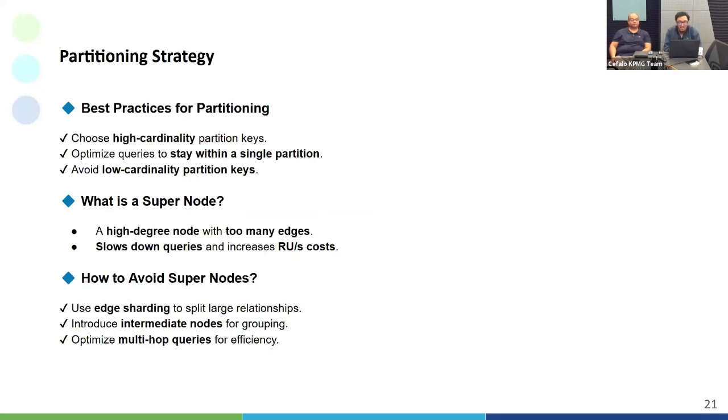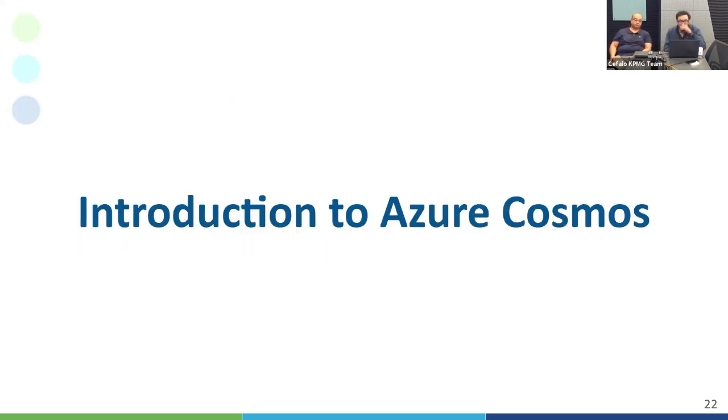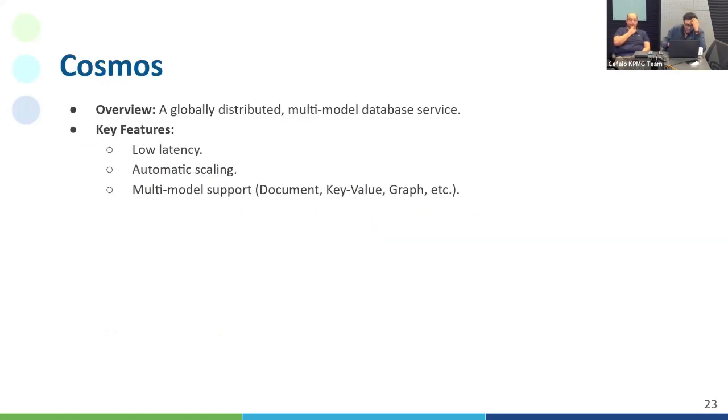Okay, so now I'll jump to the Azure Cosmos portion for graph database use. Azure Cosmos is basically Azure's database service. It actually supports 3 models. One is document DB, another one is key-value pair, and the third one is graph.